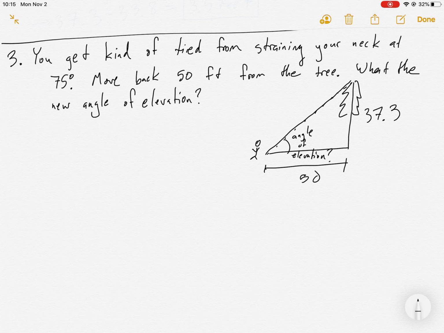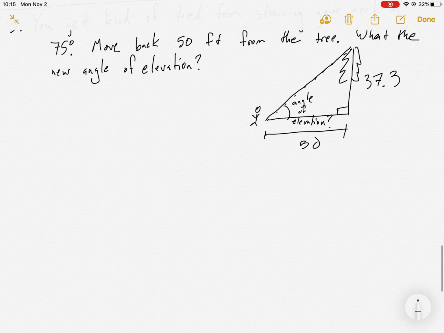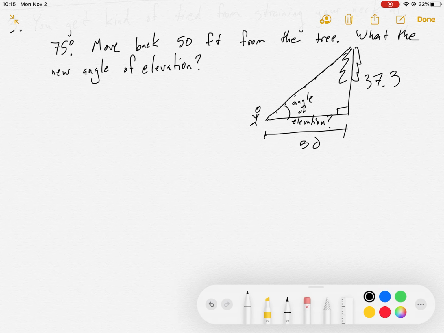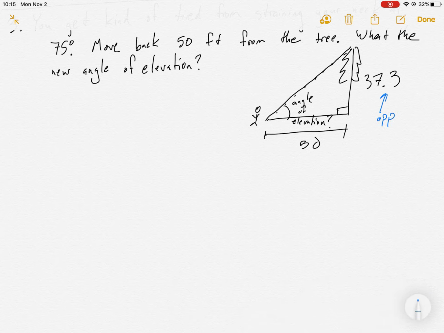Now, in order to get an angle, you could use that the sum is 180 degrees, but you need two angles in order to do that, and we don't have two angles. So we're actually going to have to use some trig here. Now notice this side is the opposite, and this one's the adjacent. So that tells me that I have to use tangent, and I'll call the angle theta. And it'll give me 37.3 over 50.